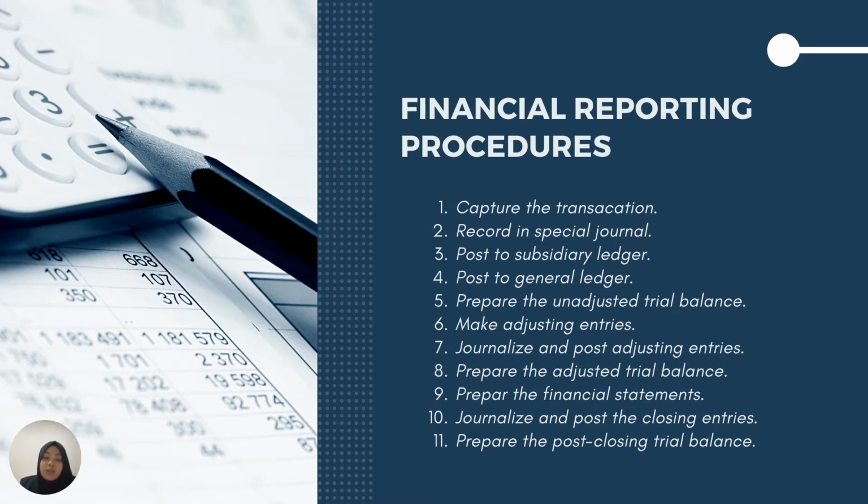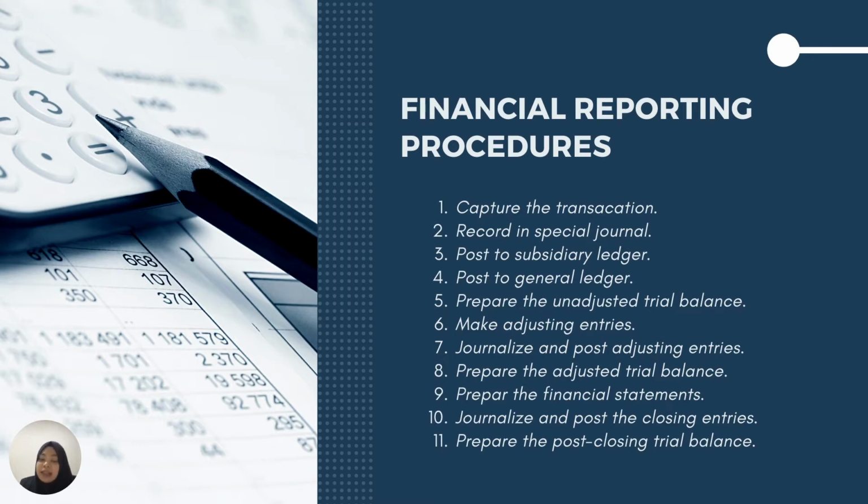Journal vouchers for the adjusting entries are prepared and posted to the appropriate accounts in the general ledger. Eighth, prepare the adjusted trial balance. From the adjusted balances, a trial balance is prepared that contains all the entries that should be reflected in the financial statements. Next, prepare the financial statements.